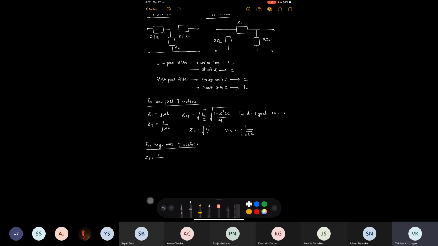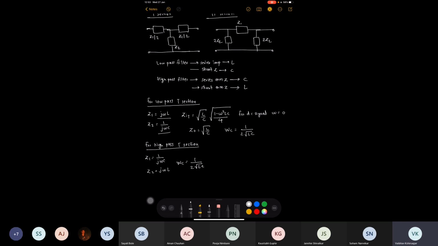Z1 is given as 1 upon j omega C. See here, simply we are interchanging this with this. And how is Z2 given? Z2 is given as j omega L. Okay. And in this case also we should get omega C is equal to 1 upon 2 under root LC only. So these are the design equations of low pass and high pass T section.